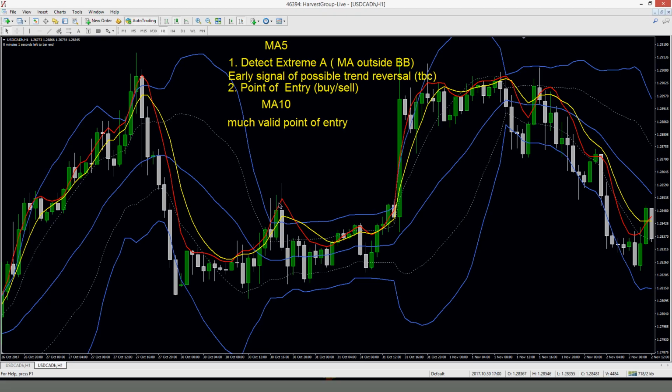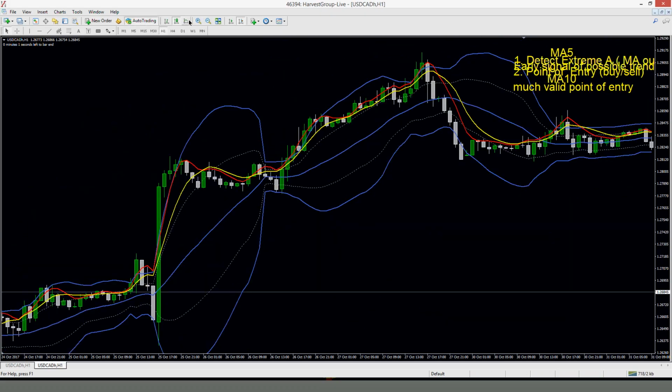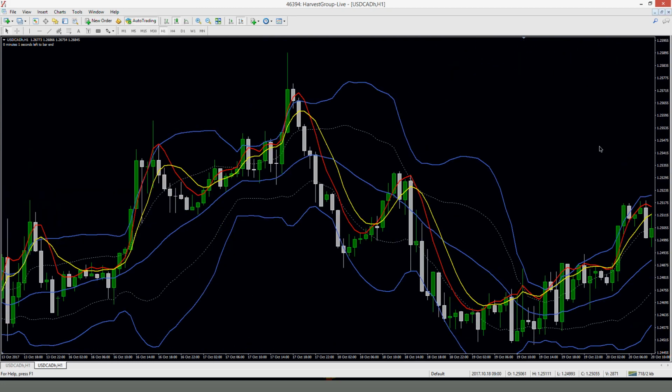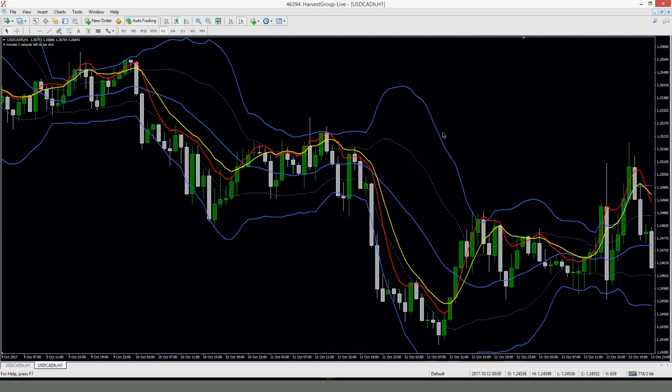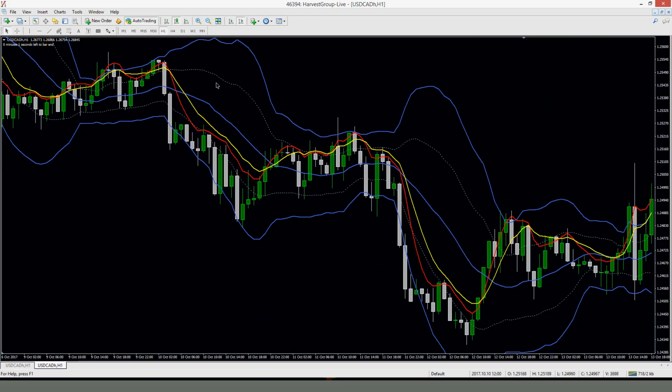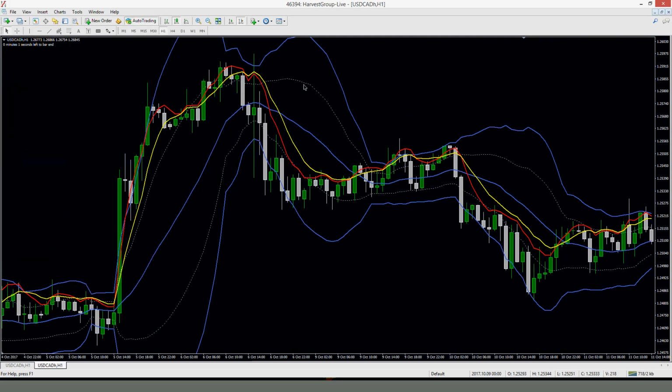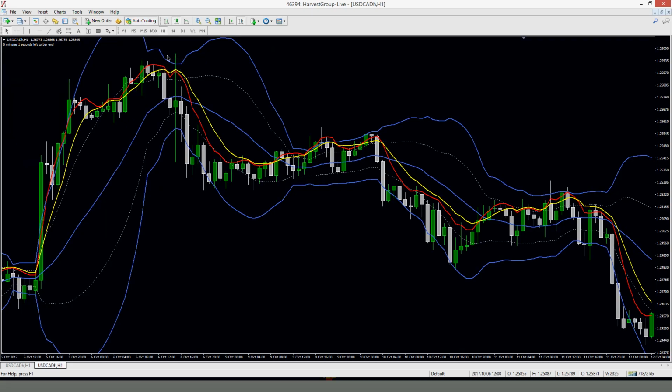So the first thing is you need to relate to the function of the Bollinger Band, and next you need to take into account the functions of the moving averages. Let me find a re-entry sell that is much more valid. Let's look at a much better sell setup over here. This one is a very strong re-entry sell entry.